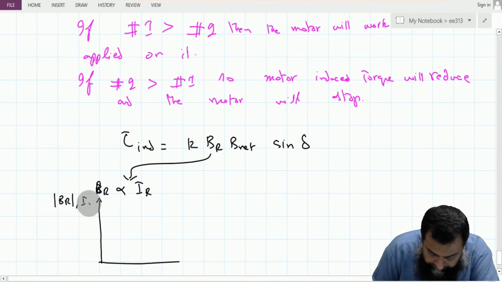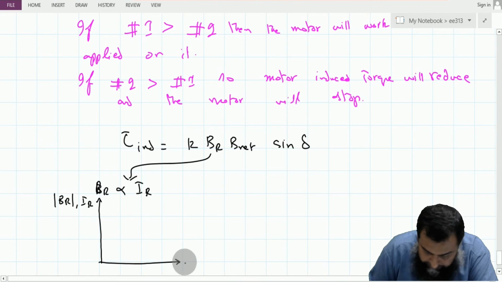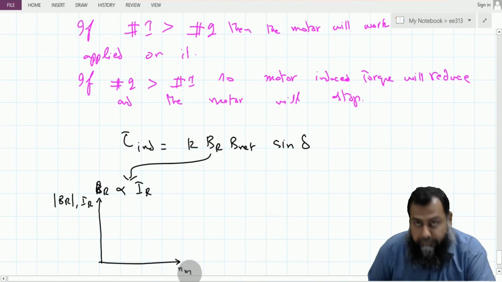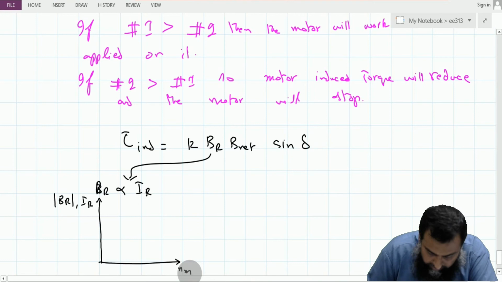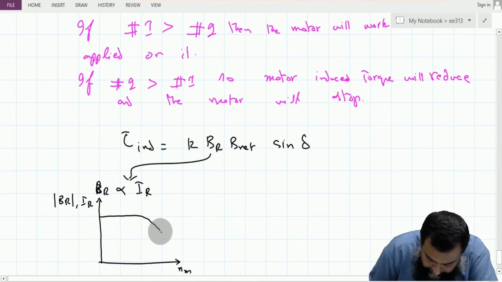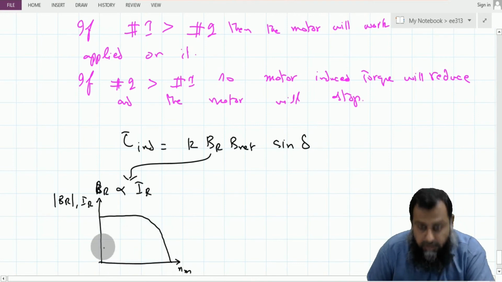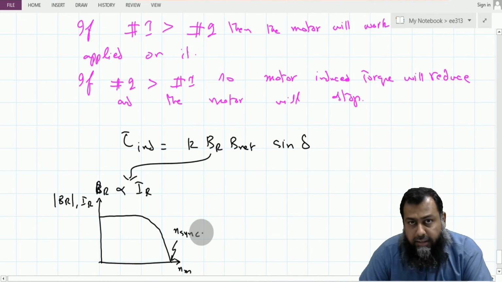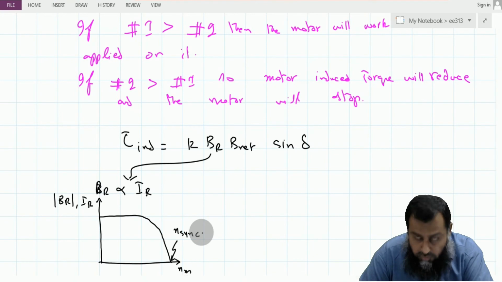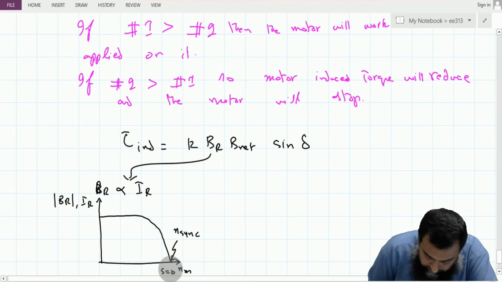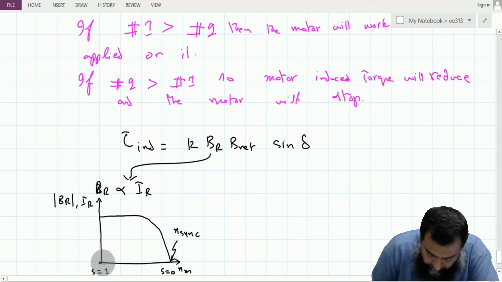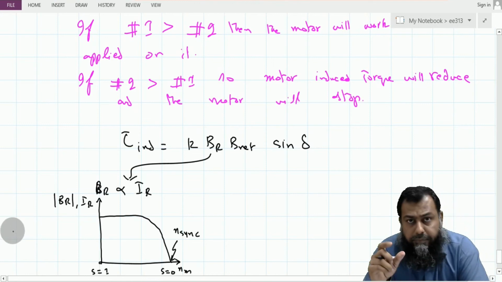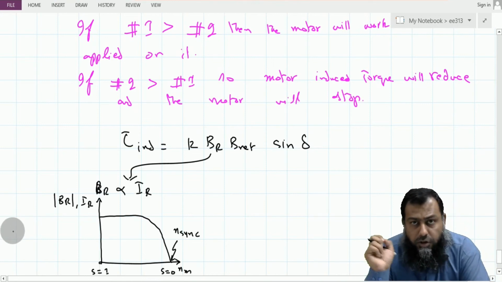or the I_R as a function of the speed N_m, which is the motor speed, then this type of plot emerges, where this point is the synchronous speed, and at this synchronous speed the slip is equal to 0, and here we have the slip equal to 1, because slip is the difference between the synchronous speed and the rotor speed.